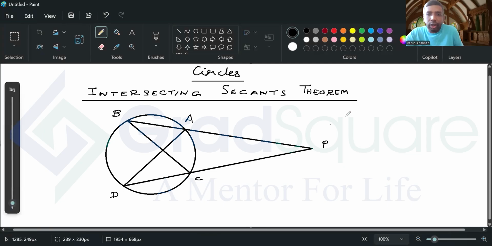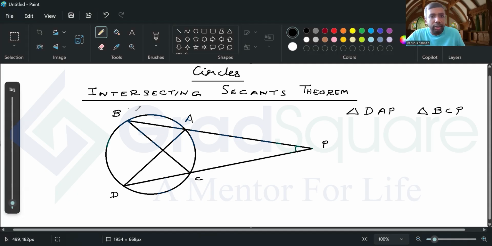Now, I want you all to focus upon the triangles DAP and BCP. What relation can be established between these two triangles? Angle BPC and angle DPA are the same angle, so they're equal. So one angle is equal between the two triangles.